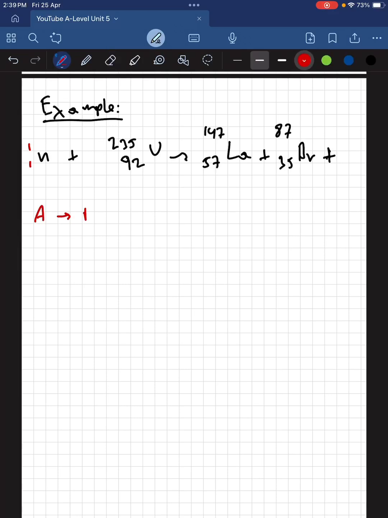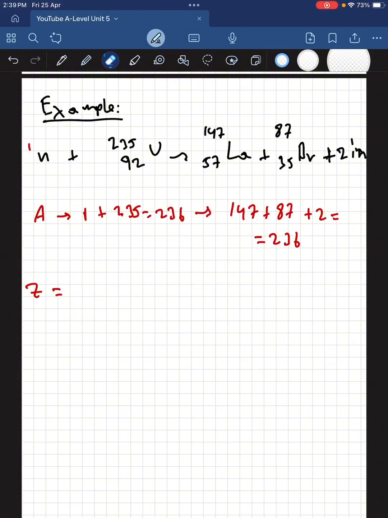So again, the rule for this reaction to happen is that the mass number before, which is 1 for the neutron, I forgot to write that, and for this neutron here we have 2 neutrons. So the mass number before is 1 plus 235, which is 236. And after we have 147 plus 87 plus 2, which also adds to 236. Now for Z, sorry guys, I got confused.